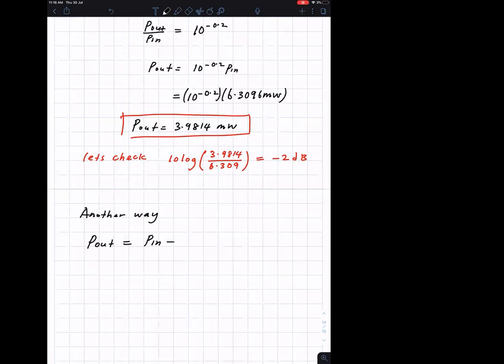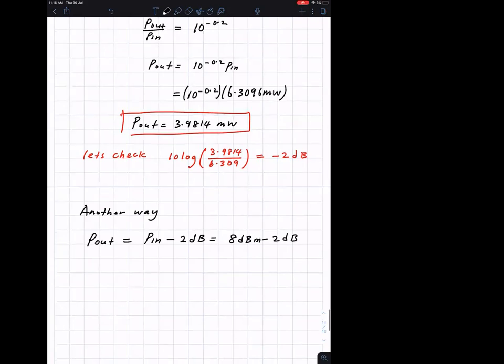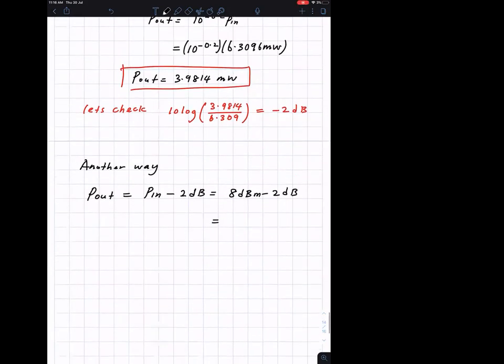Minus 2 dB, right? With 8 dBm minus 2 dB will give you 6 dBm.